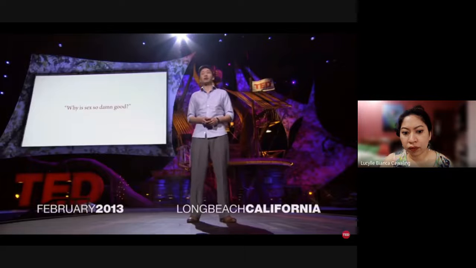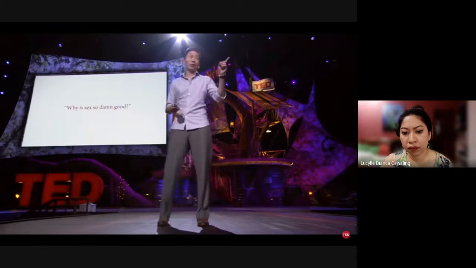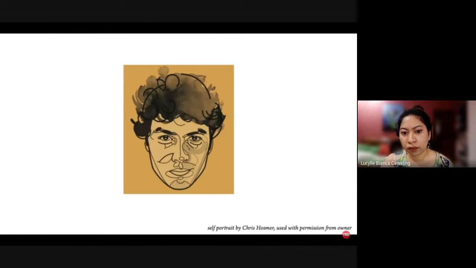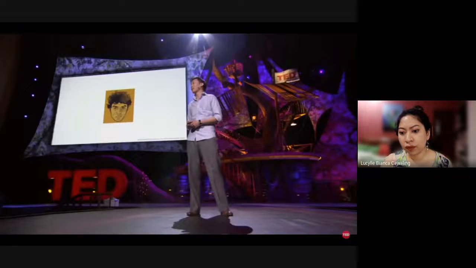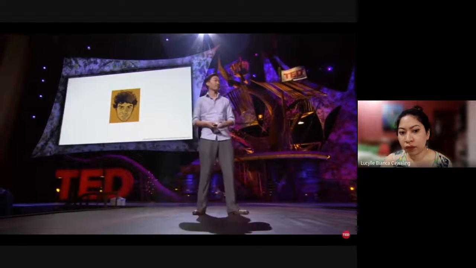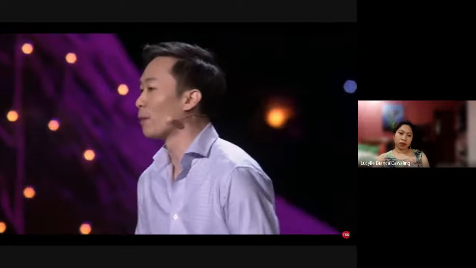In an age of global strife and climate change, I'm here to answer the all-important question. Why is sex so damn good? If you're laughing, you know what I mean. Now, before we get to that answer, let me tell you about Chris Hosmer. Chris is a great friend of mine from my university days, but secretly, I hate him. Here's why. Back in university, we had a quick project to design some solar-powered clocks.